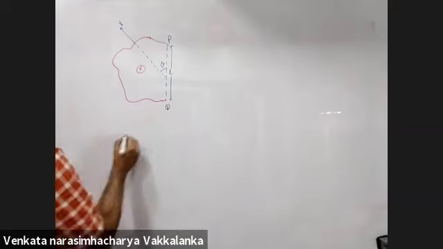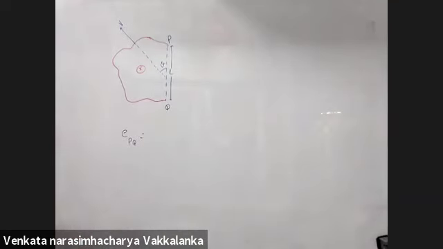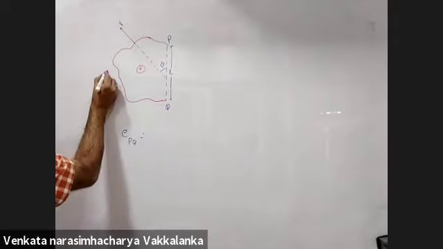Find the motional EMF across P. There's a wire in the center which is producing a magnetic field? No, this is an external magnetic field. This is the magnetic field.